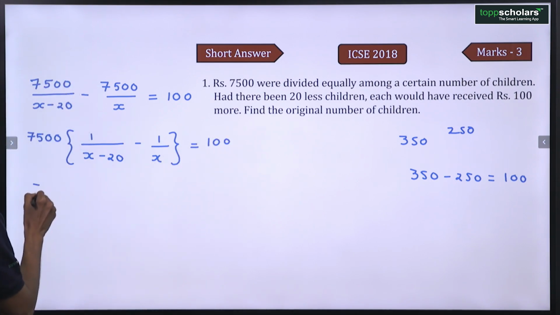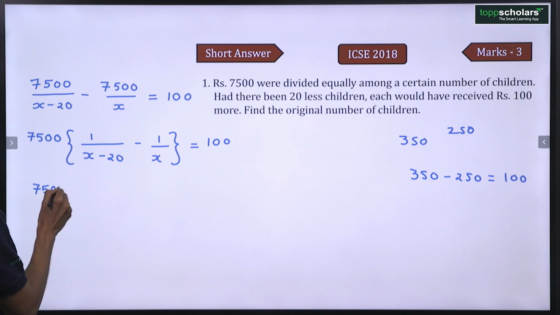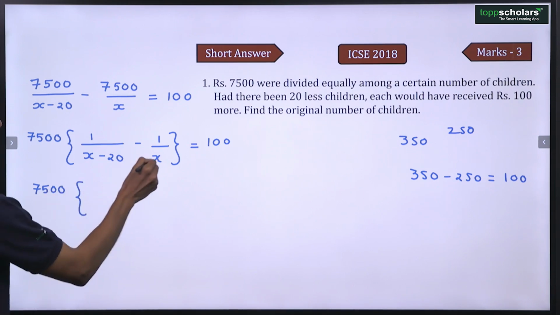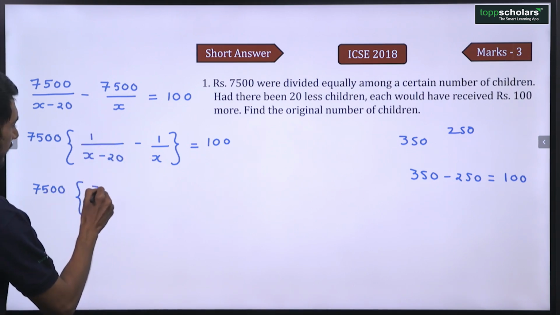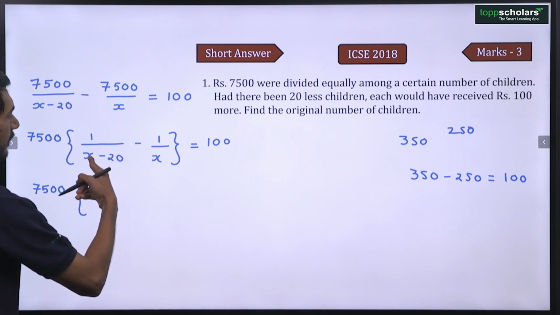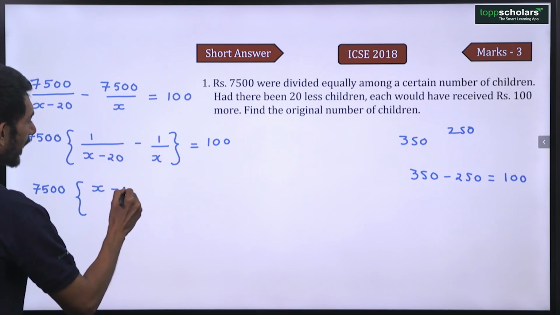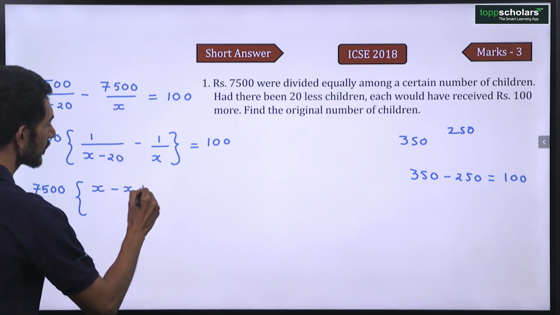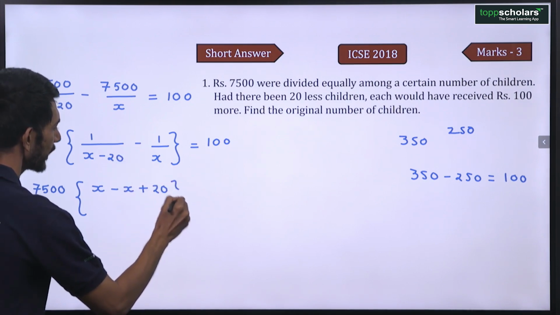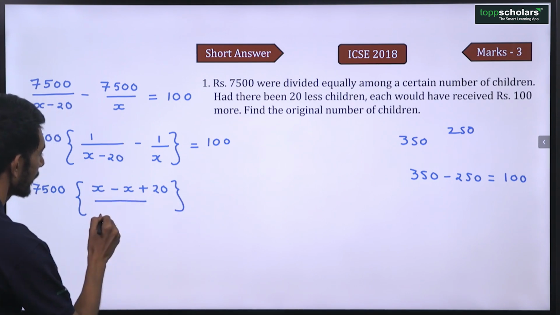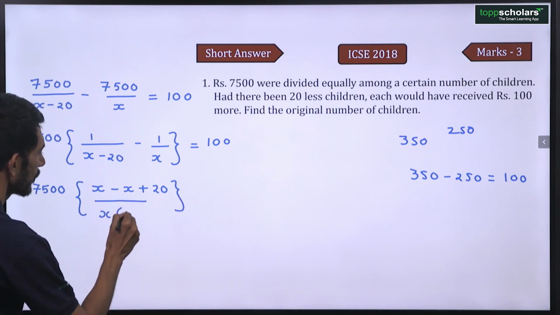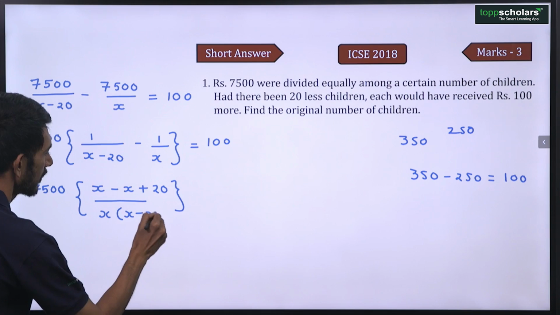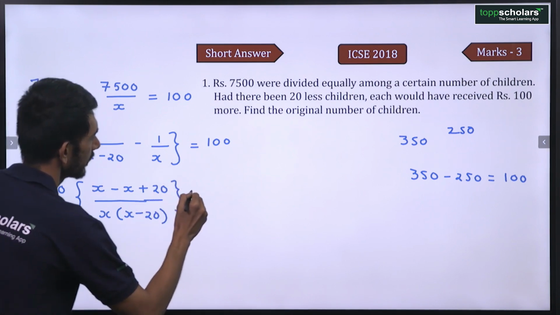So this becomes 7,500 into x goes here, that is x. This is minus. So if this goes here, that becomes minus x, and minus 20 and this minus becomes plus 20 by x into x minus 20.